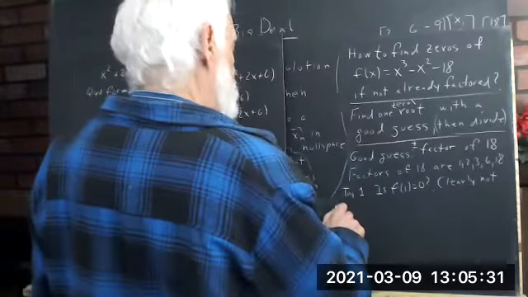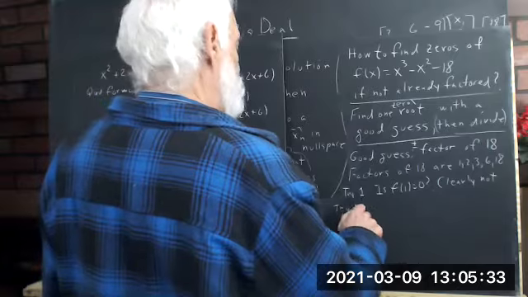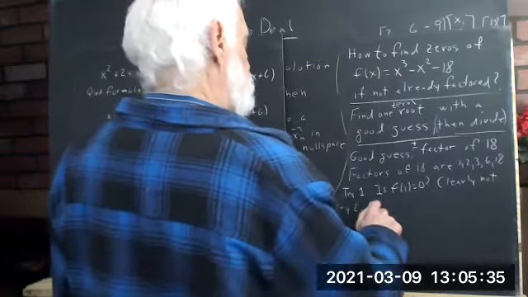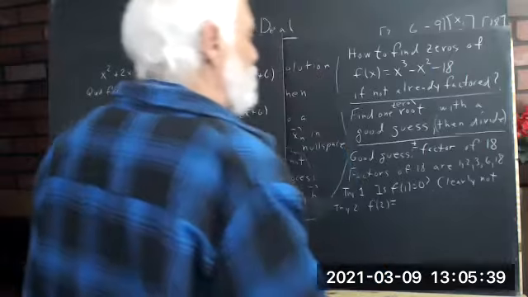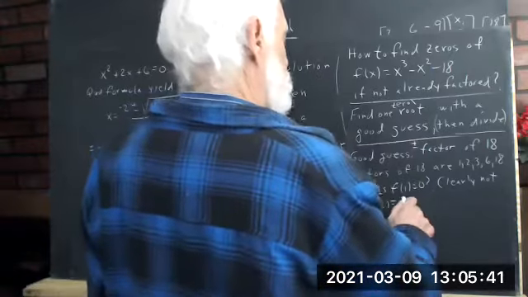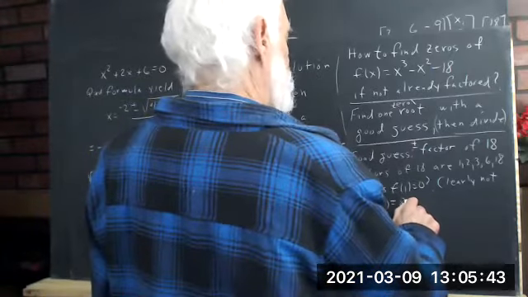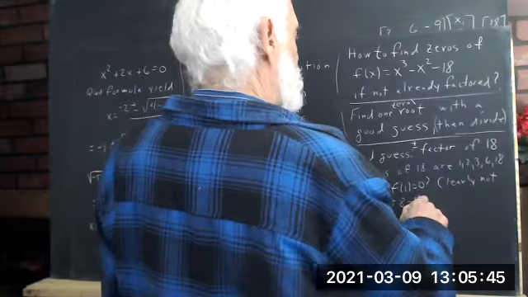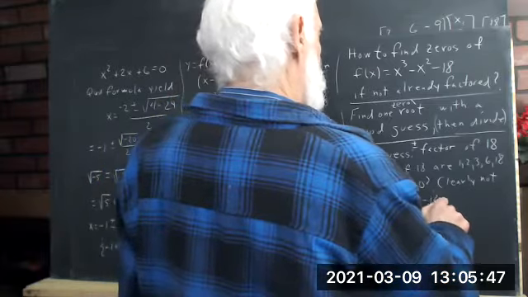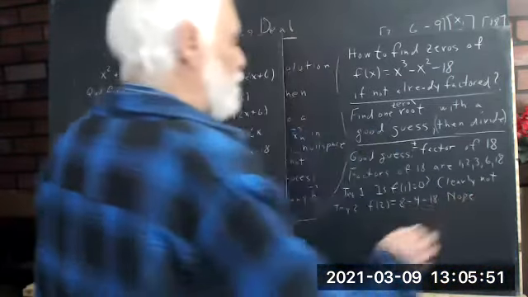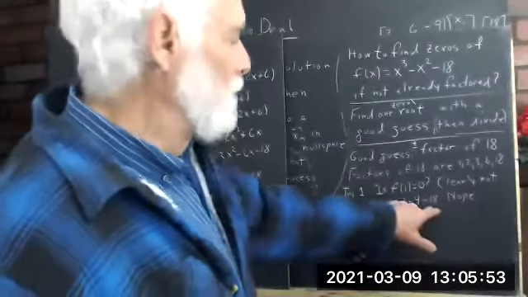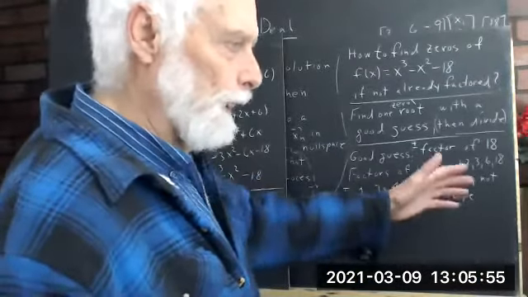So try 2. Well, f of 2 is x cubed, 2 cubed would be 8, but then it's -4 minus 18. And it's clear that the sum of these numbers is less than 18, so there's no way this is going to add up to 0.